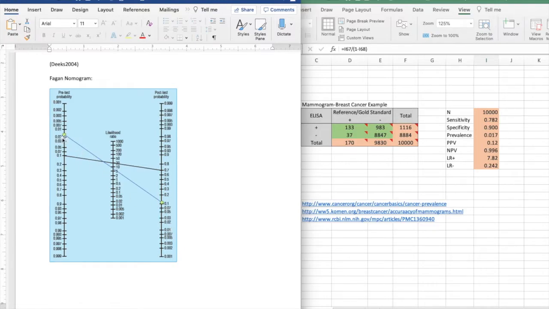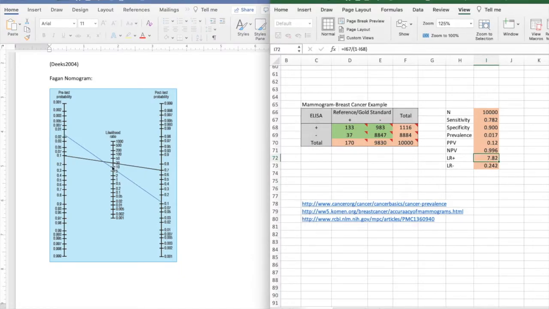So we went from a pretest probability of having breast cancer of 1.7%. I tested positive, likelihood ratio of 7.82. That takes me to a post-test probability of having breast cancer of about 12%. Sounds familiar.